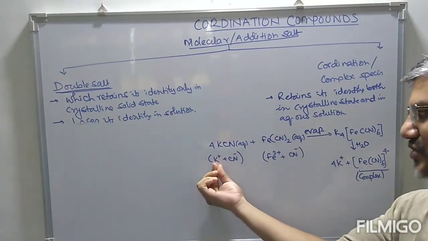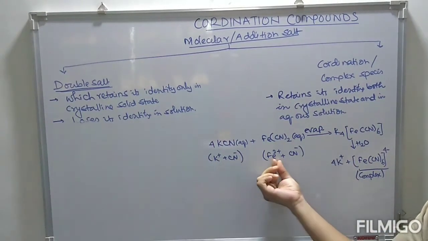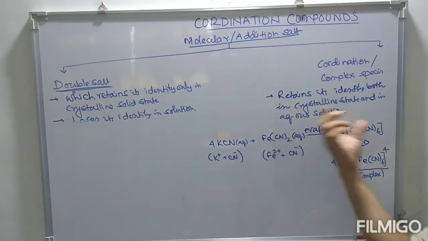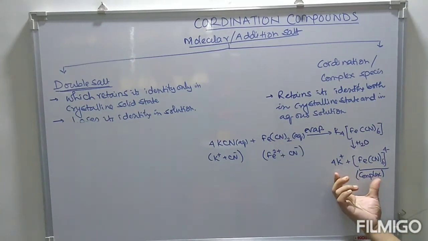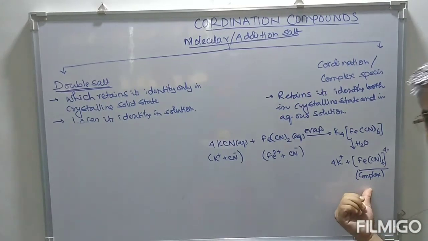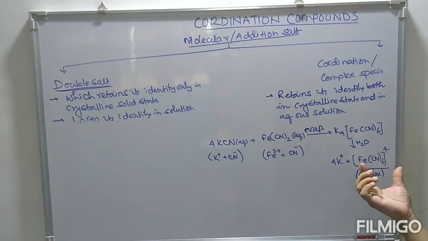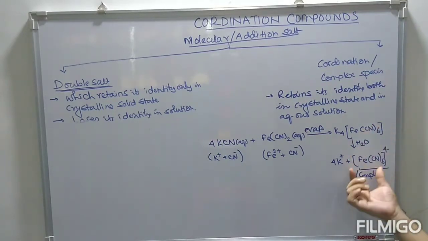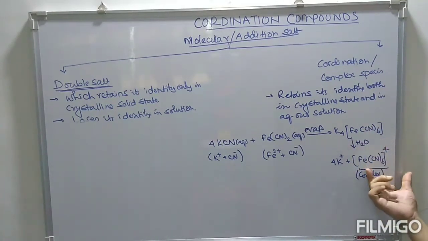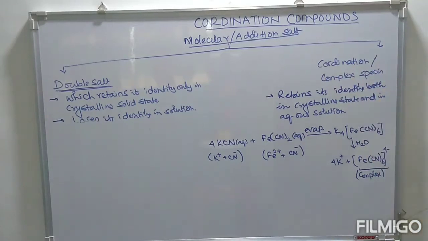Before this, we have potassium ion, cyanide ion, ferrous ion. But after formation of this complex species, the aqueous solution does not give the test of ferrous ion or cyanide ion, but it gives the test of this complex species [Fe(CN)6] 4 minus. So this is what we call as coordination compound.